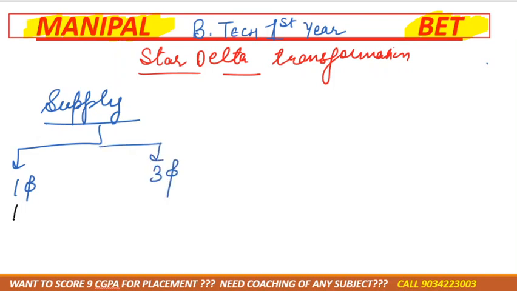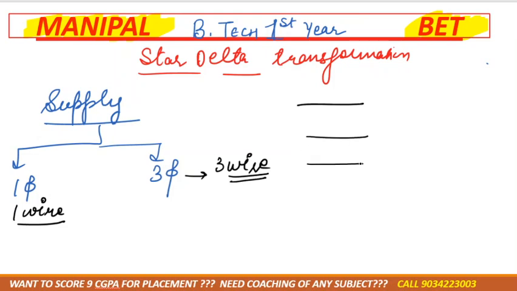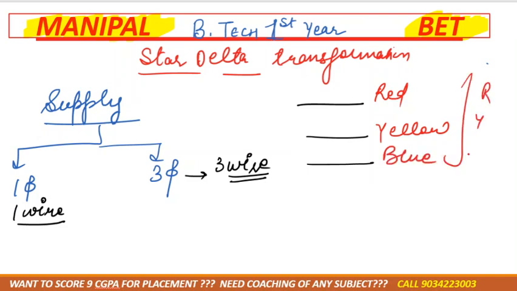Single phase supply means we'll have a single wire, and three phase supply will have three wires. Okay, three wires which you need to connect with each other. One wire is of red color, another wire is of yellow color, and another wire is of blue color. That is known by the abbreviation RYB.